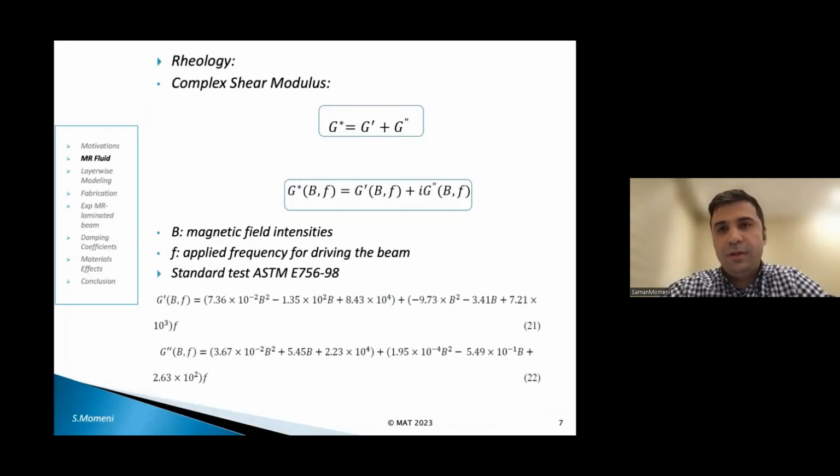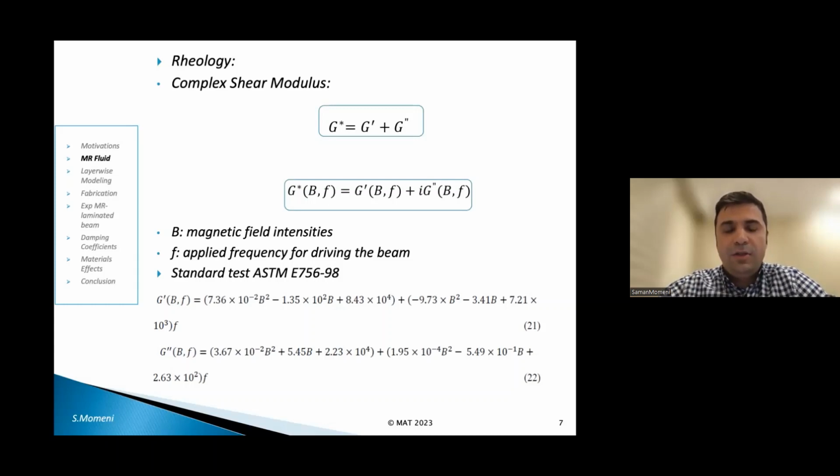In order to determine the complex shear modulus of MR fluid, we can determine the G prime and G double prime. The addition of G prime and G double prime gives the complex shear modulus.